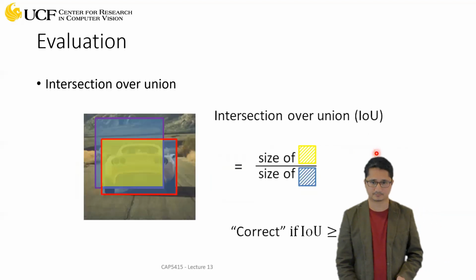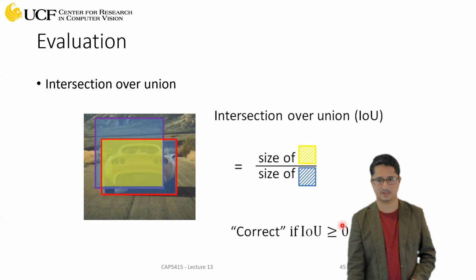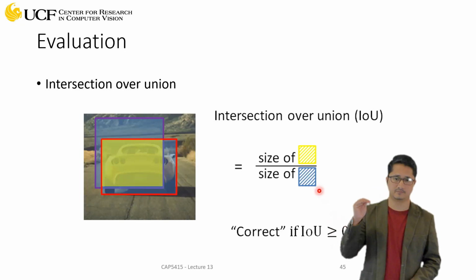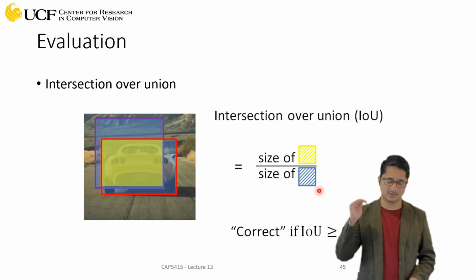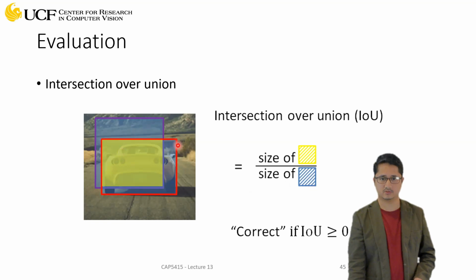So this threshold over here is for evaluation. Usually, if you have set the threshold of 0.5 for evaluation, you will have the ground truth, let's say this red box, and this purple box is your network's prediction.